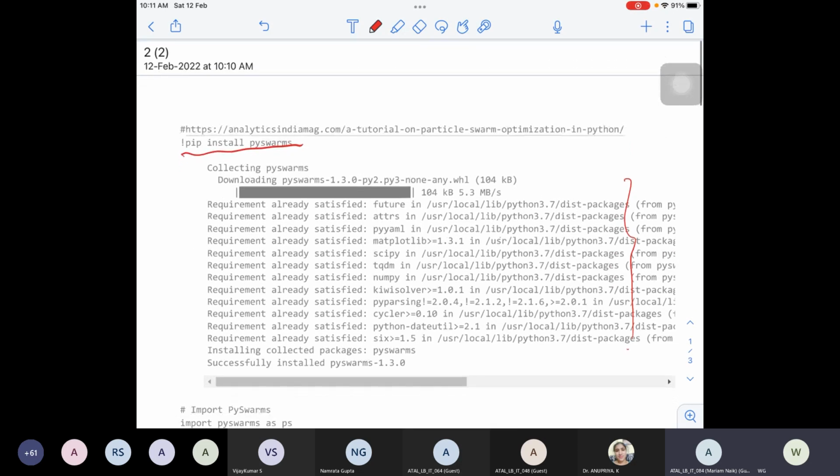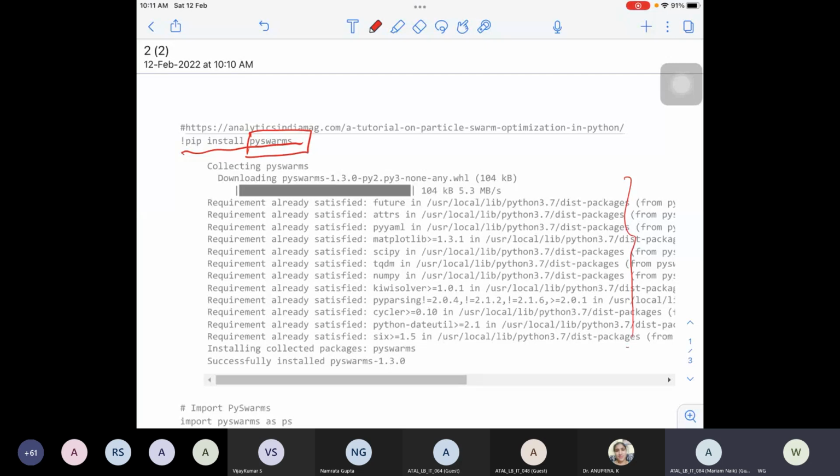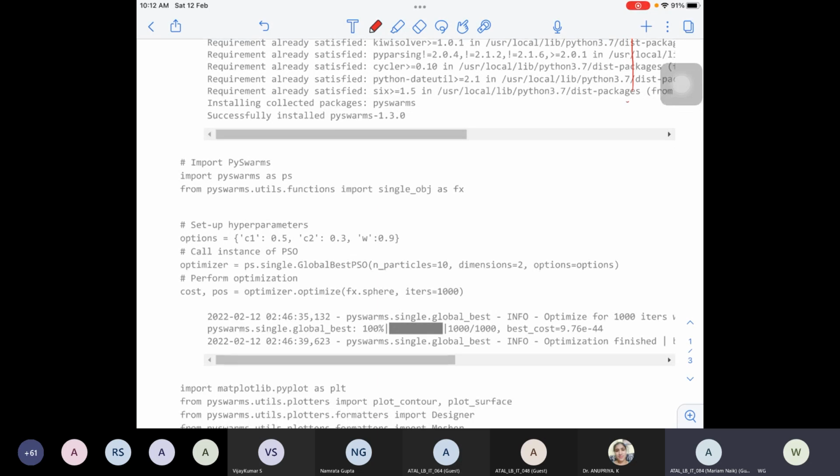You can check out this library. It enables basic optimization and also interaction with swarm optimization. I request you to check out this library if you are interested in working in this direction.